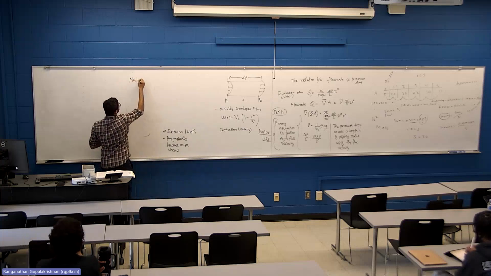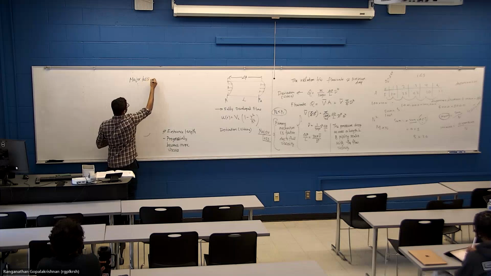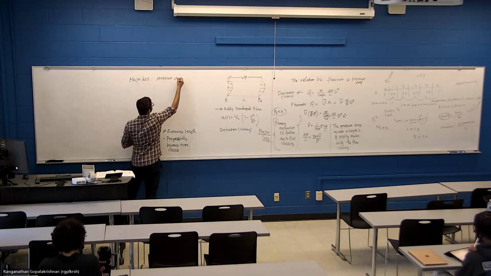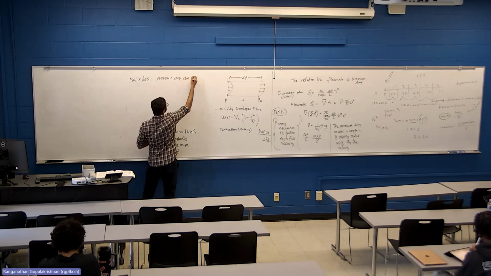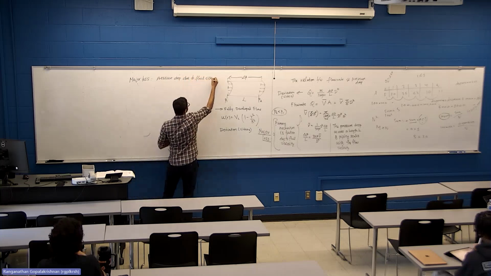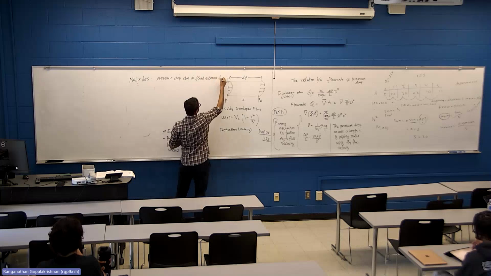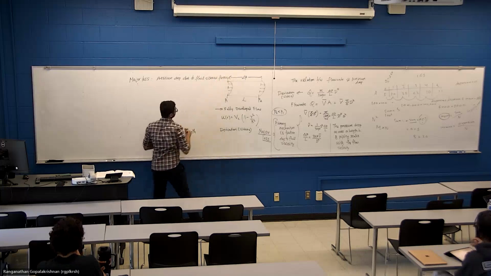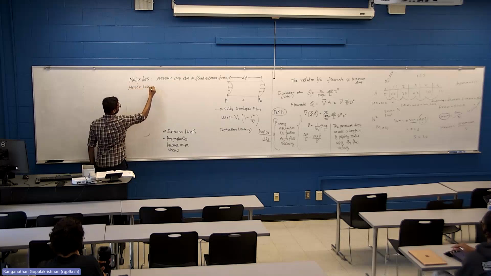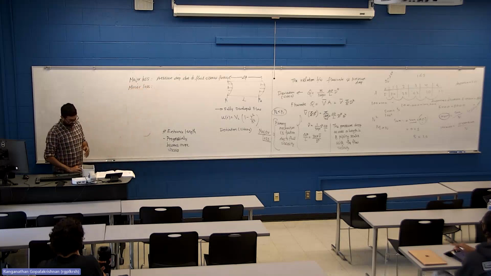Major loss is pressure drop due to fluid viscous forces. If we introduce a major loss, then there would also be something called a minor loss, which we'll come to.